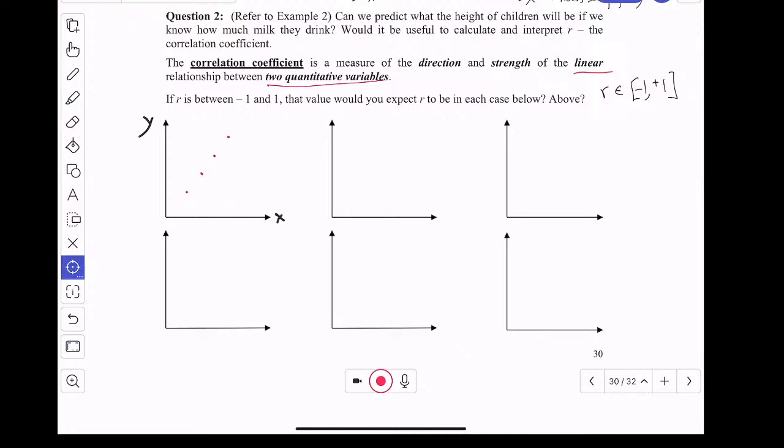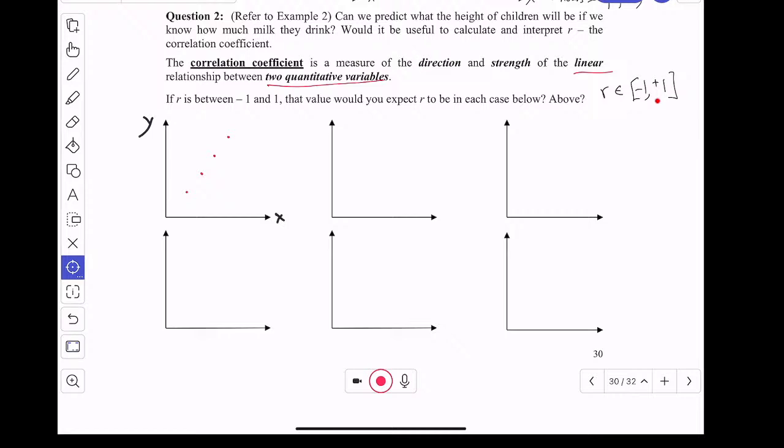The more linear it is, the higher it is or closer it is to +1 or -1. The positive sign tells you the direction, or the sign tells you the direction.